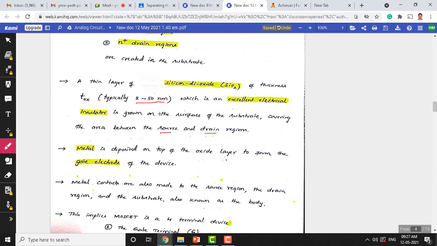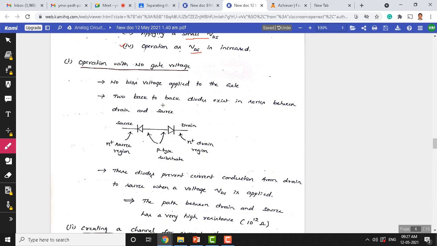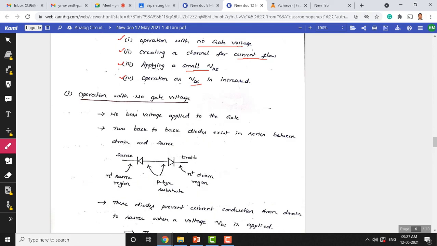Two back-to-back diodes exist in series between the drain and source. These diodes prevent current conduction from drain to source when a voltage VDS is applied. The path between the drain and source has a very high resistance, typically 10 to the power 12 ohms. What do we mean by that?